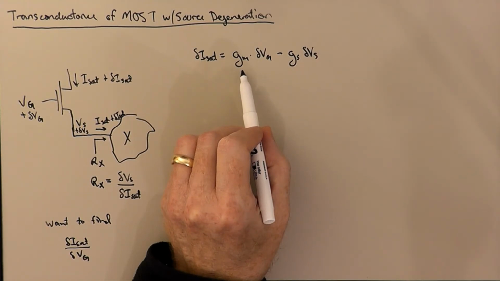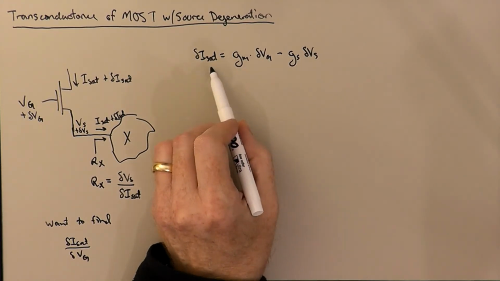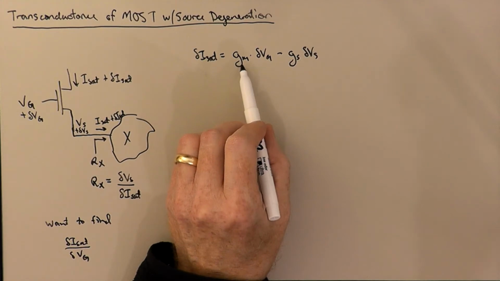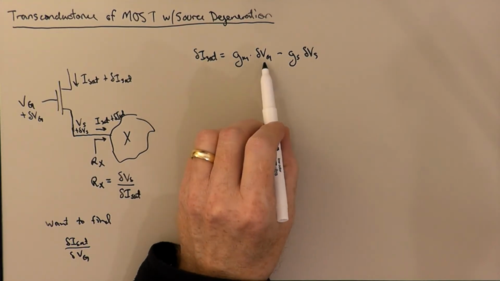That's the partial derivative of the saturation current with respect to Vg. And so the increase in I sat that we get is going to be given by that first order partial times the delta Vg.